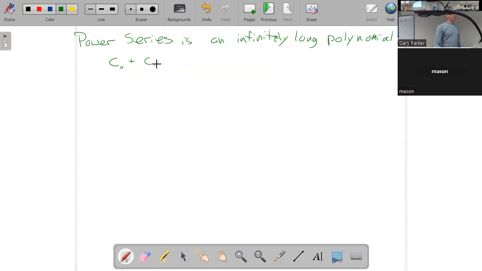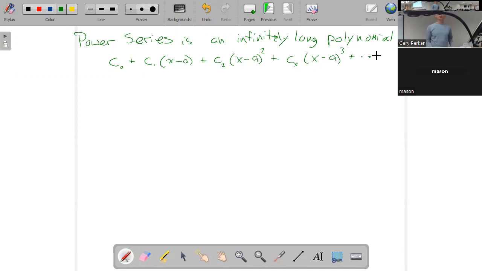Then we have another constant times our linear term, and I'm going to put in x minus a there. Then we're going to have our next constant times our quadratic term, x minus a squared, plus our next constant, we'll call that C3, times our cubic term. And we keep doing this forever.